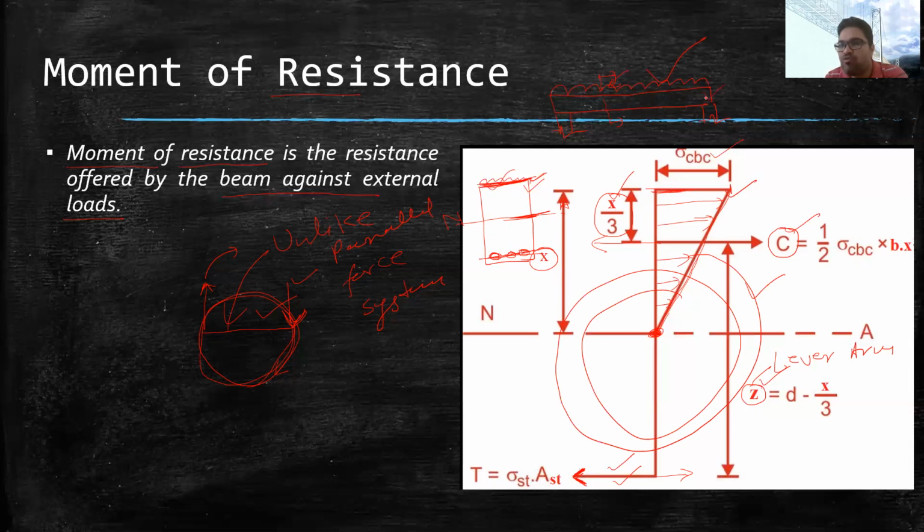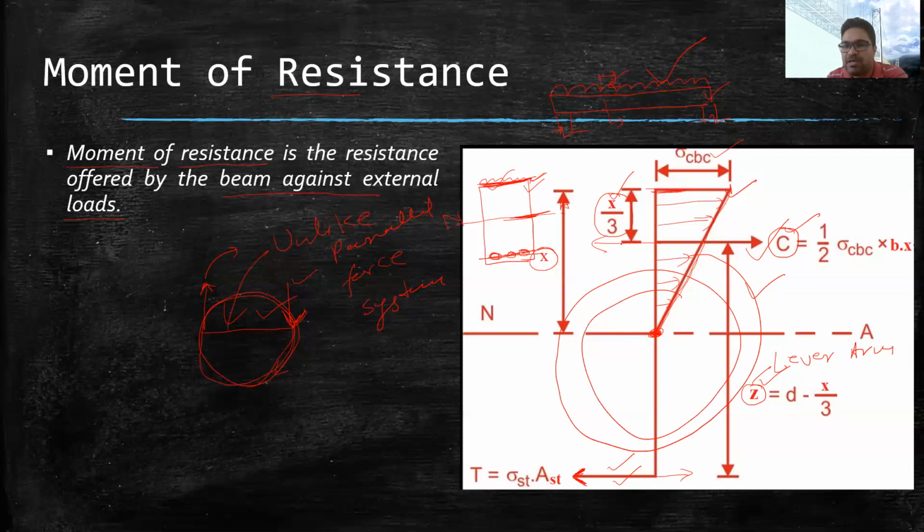This beam will offer a resistance against this circular movement, this couple movement. So to balance a couple, so now we know that this is the couple which is forming because of the existence of C and T. So to balance this couple due to C and T, the beam offers a resistance in terms of a couple only.